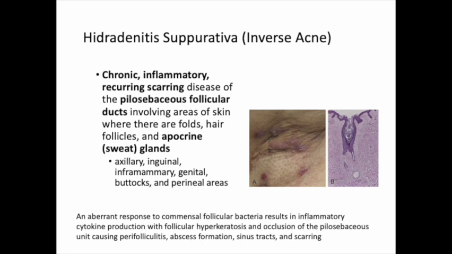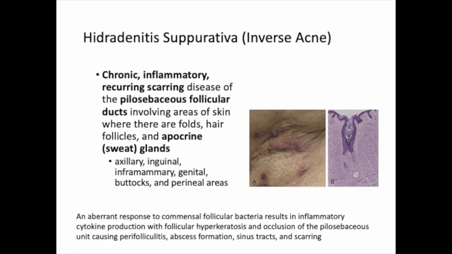And now, not only are we talking about the sebaceous glands, but we're also talking about the apocrine sweat glands. So think about your armpits or the axillary areas, inguinal areas, genital areas, buttocks, and the perineal areas. You might see this type of skin lesions or skin disease.